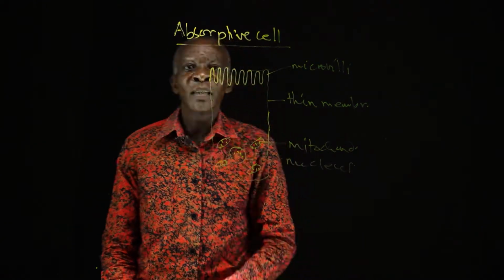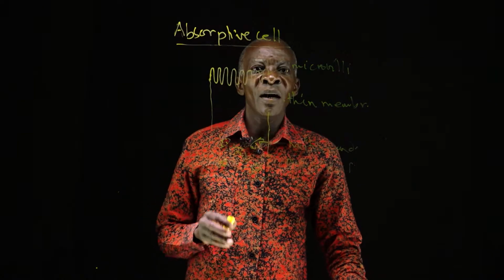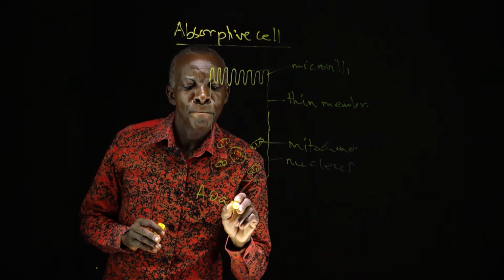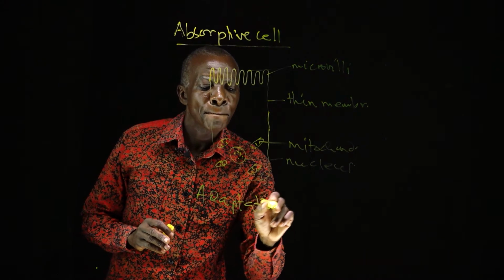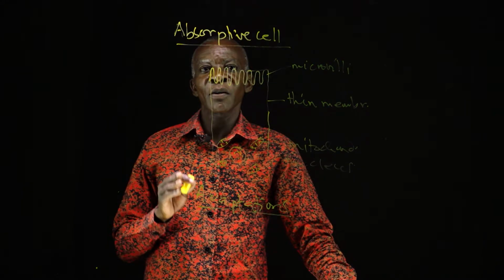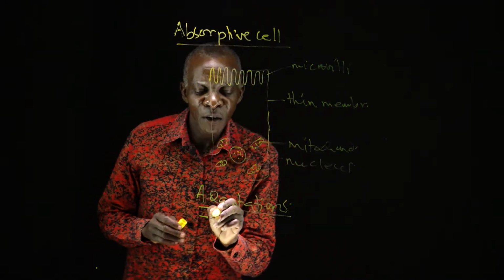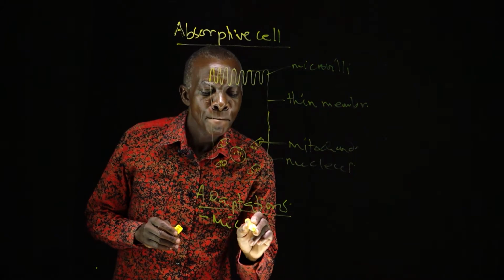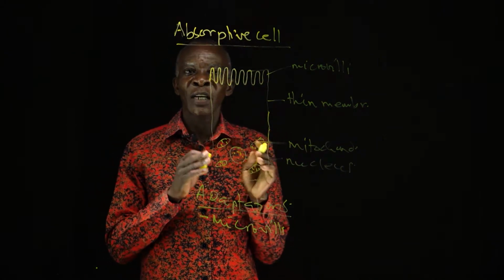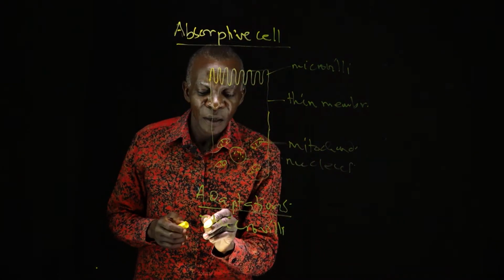Now, what are the adaptations of this cell? Adaptations of an absorptive cell. One, presence of microvilli, which are there to increase the surface area for absorption of nutrients.